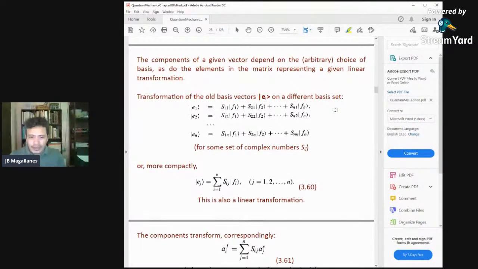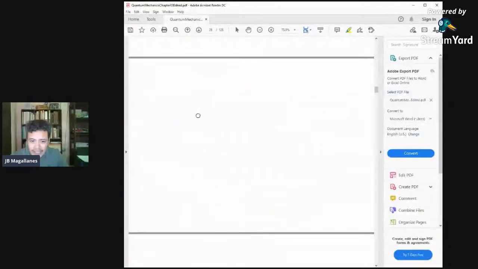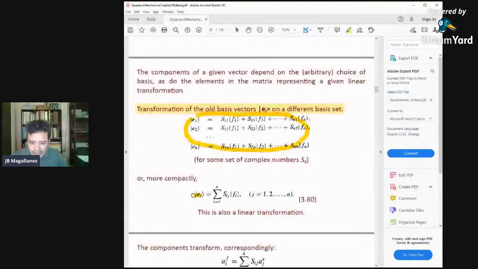So this is the transformation of the old basis vectors ei onto a different basis set. Of course, this transformation can be compactly written as this one, for some Sij. The S there is the transformation for converting the old basis to the new basis.